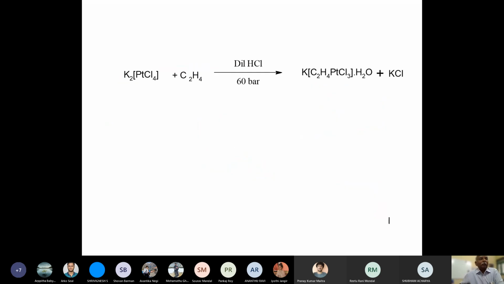So now I come to the famous Zeise's complex. The Zeise's complex was synthesized, in the original synthesis, with a slightly higher pressure of ethylene. It was boiled in dilute hydrochloric acid in the presence of ethylene.